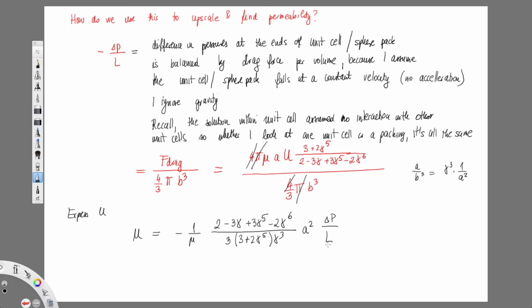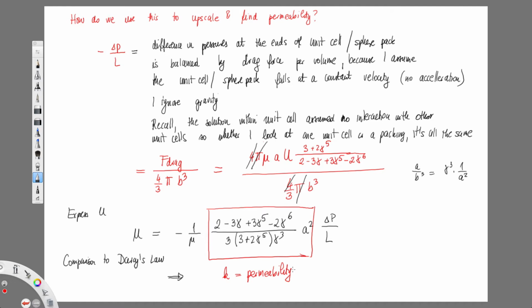Okay. So comparison to Darcy's law gives me that this here is permeability. So it is a fully geometric factor.